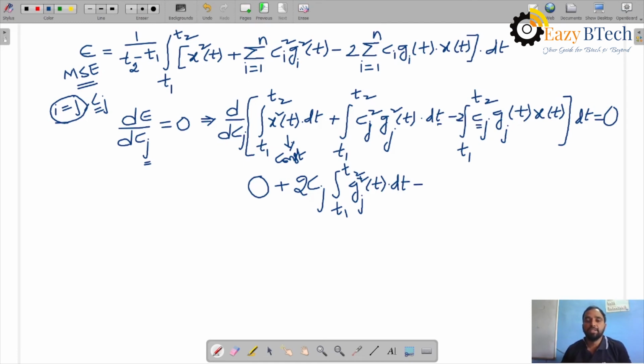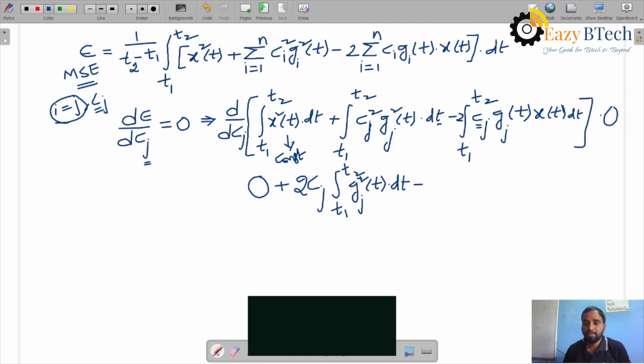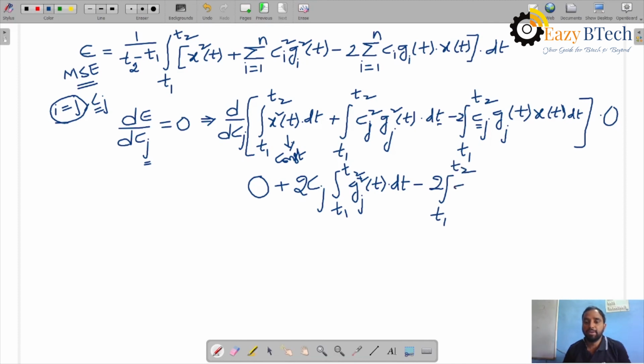So the differentiation of Cj with respect to Cj is 1. So 1 into the total term, that is 2 into integral t1 to t2 gj of t into x of t dt, is equal to 0.